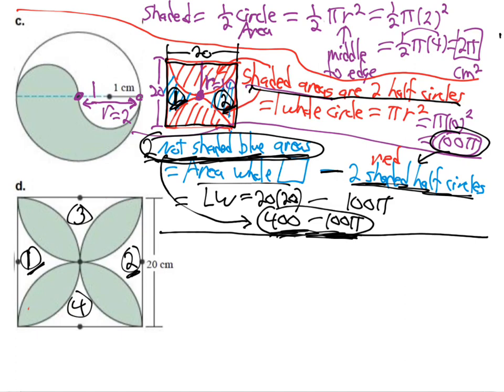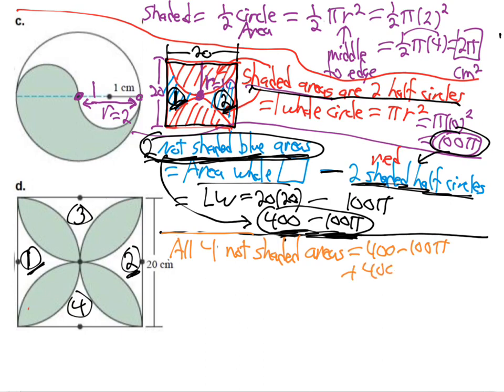So I'm going to say all 4 not shaded. Well, here, let me change the color, make it more clear. So all 4 not shaded areas equal what? It's going to be 400 minus 100 pi, add another 400 minus 100 pi, right?